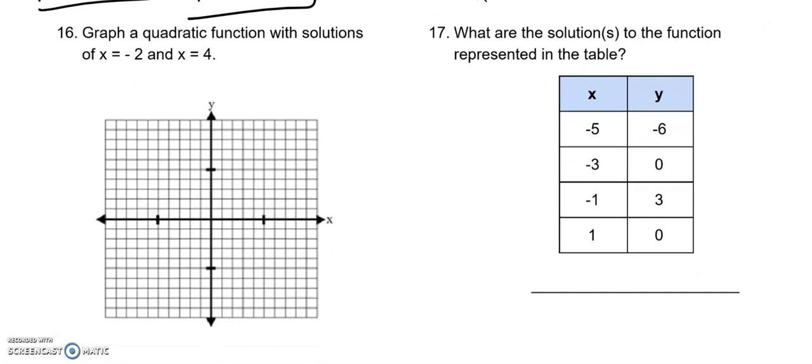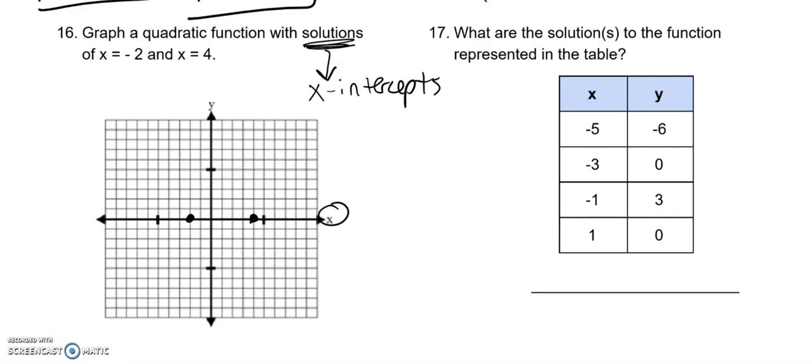Graph a quadratic function whose solutions are x equals negative 2 and x equals 4. Solutions: the word I want you thinking about when we're talking about a graph and the word solutions is x-intercepts. I guess that's a phrase. Forgive me. So the x-intercepts on the x-axis need to be at negative 2 and 4.